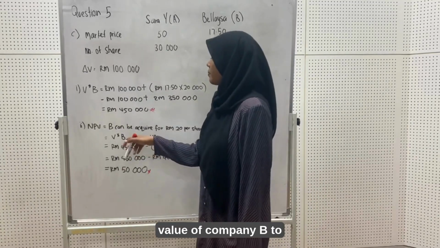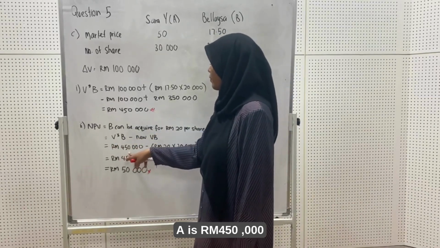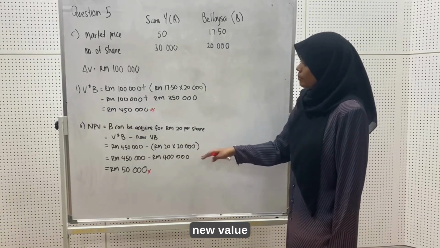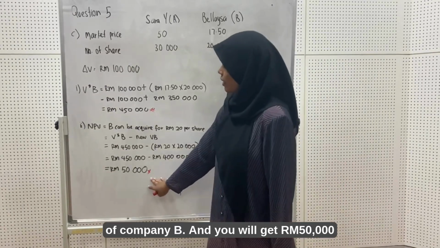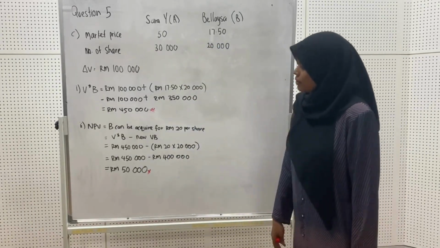So the value of company B to A is 450,000 minus the new value of company B, and we will get RM50,000 for the NPV.